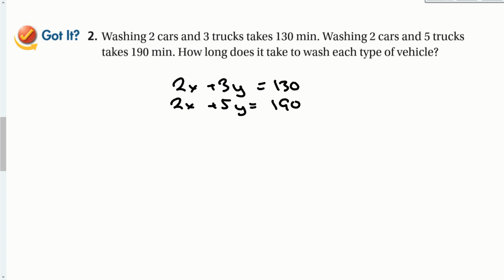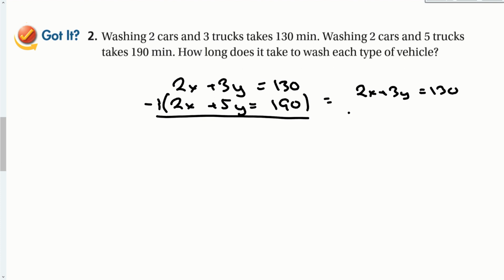Okay? So now, again, I notice that these two coefficients are the same, but they are both positive. So what I have to do is I want to multiply this whole thing by negative 1, which gives me 2x plus 3y is 130.